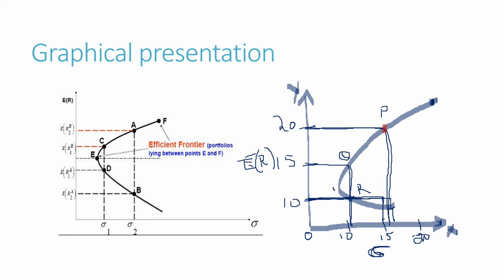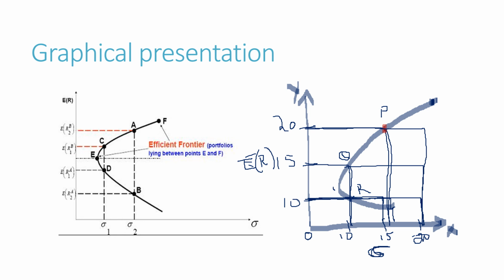Suppose you take this point, at 20% risk. The level of returns to the maximum extent he can get is only 20%. So 20 to 20 is not an efficient portfolio, because at this level he is getting the same returns, not more than that.